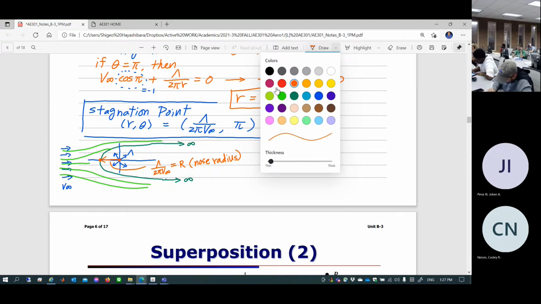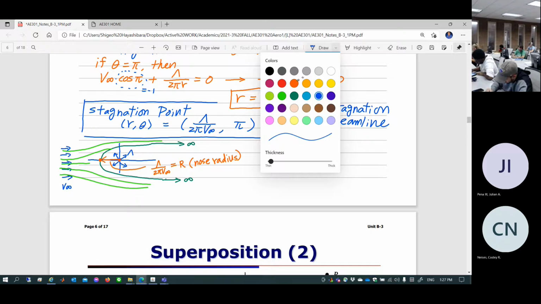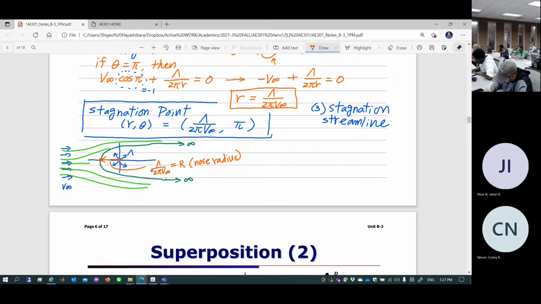Let me just take a look at the third step: something called the stagnation streamline. This is actually quite important. This is a particular streamline that goes through the stagnation point. So you are going to draw a line like this, going straight into the stagnation point.